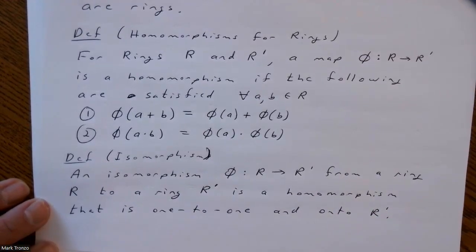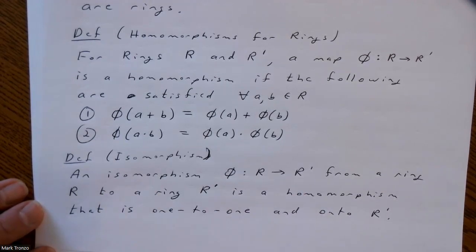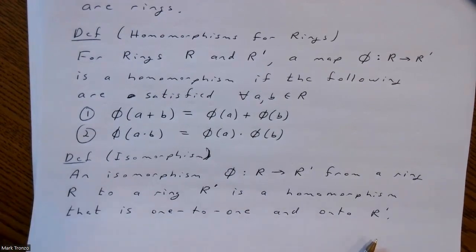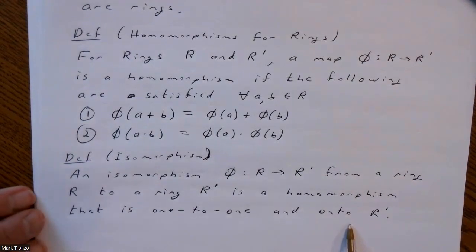I see what you're saying, it would have made a little more sense if I said a homomorphism that is one-to-one and onto is an isomorphism. I said that a bit in reverse. Similar to what we had with groups, if a homomorphism is one-to-one and onto, it's an isomorphism.